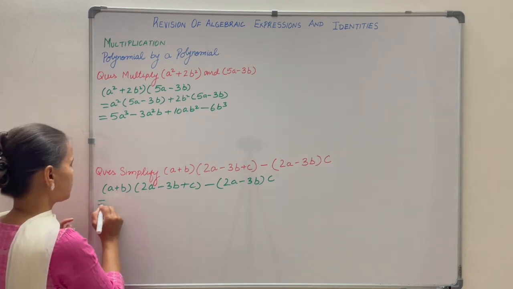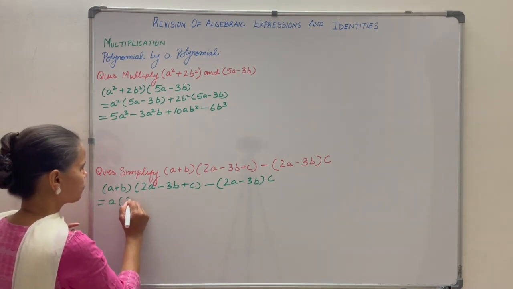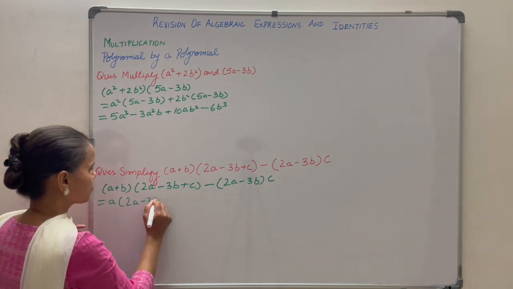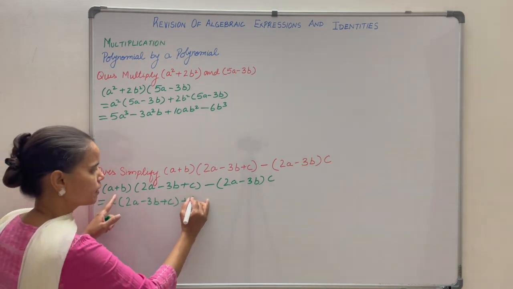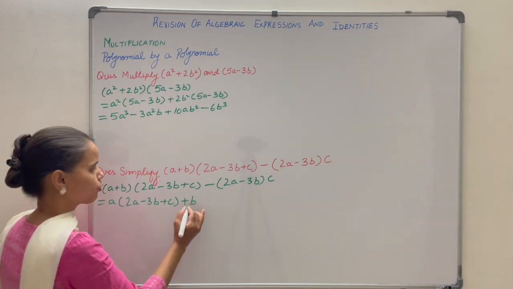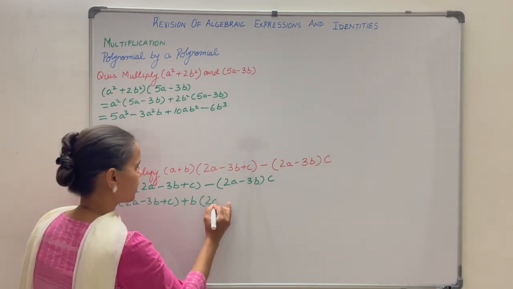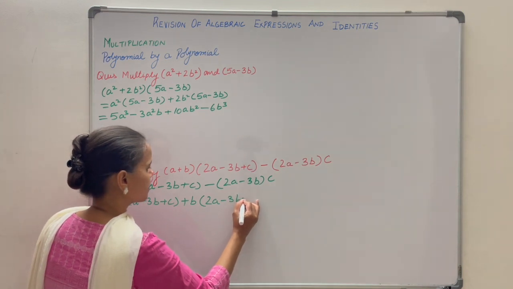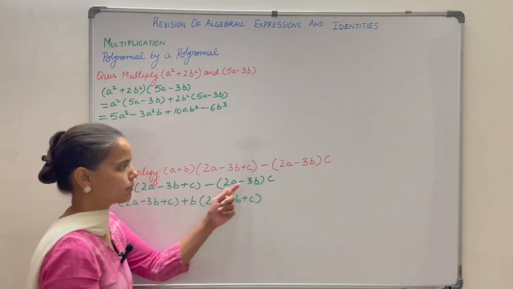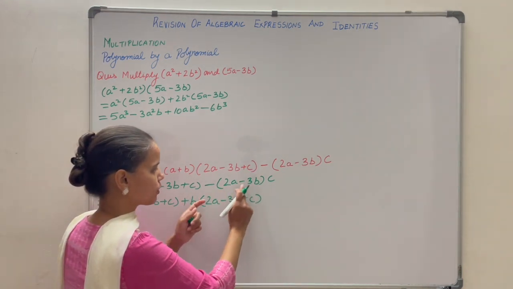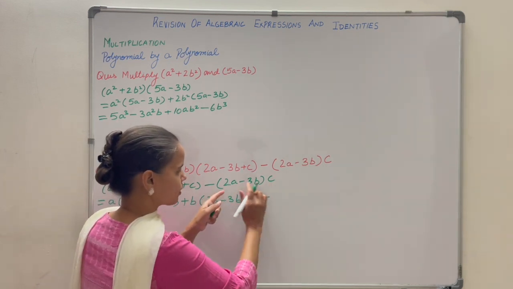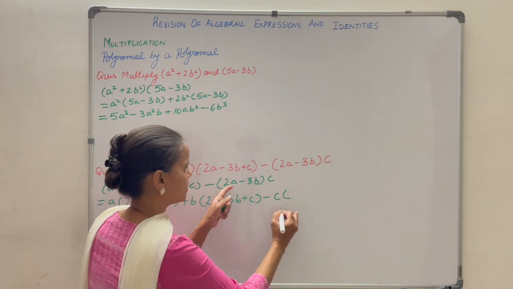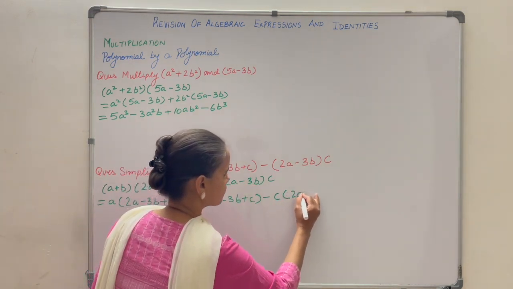Let us write it down: a into 2a minus 3b plus c, plus b to multiply with this trinomial, that is 2a minus 3b plus c. Multiplication is commutative, so I am going to write c first, then 2a minus 3b.